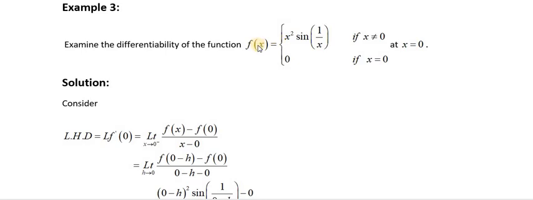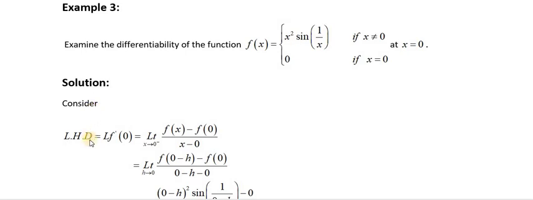That means whenever x equal to 0, f of 0 is 0. This can be used while calculating LHD and RHD. Now we want to examine the differentiability of the given function at x equal to 0.